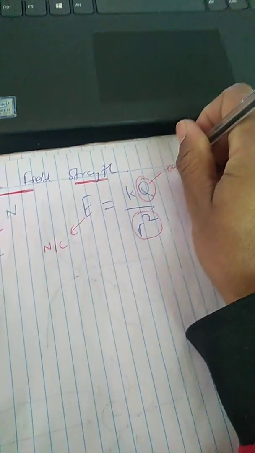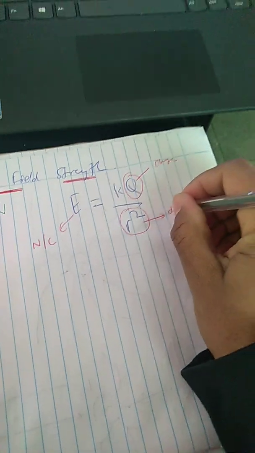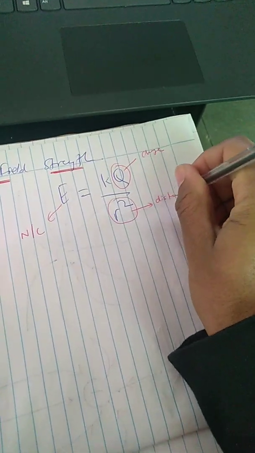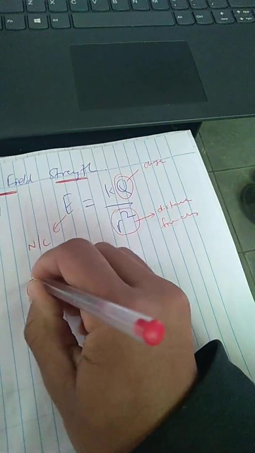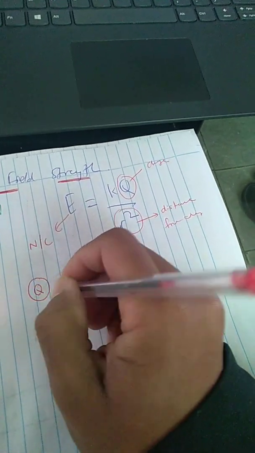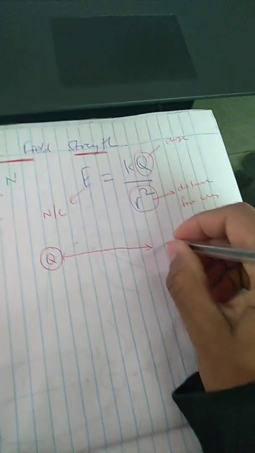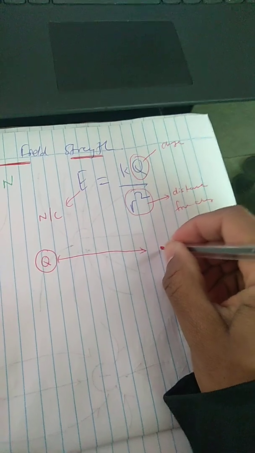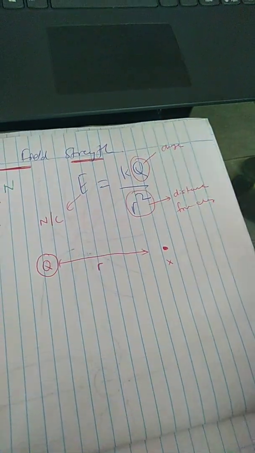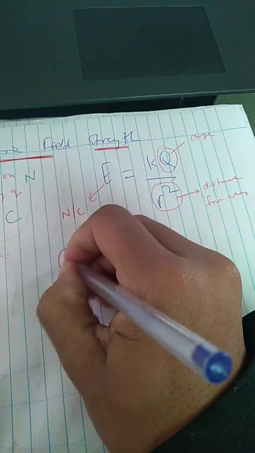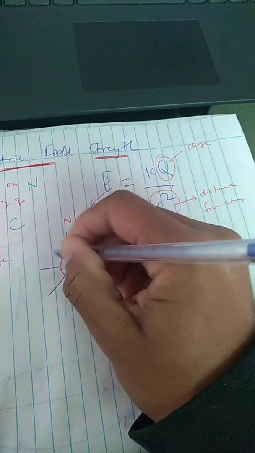Q is the actual charge, and r is the distance from the charge. Let's say this is a point in space and that's r, and let's say Q is positive. This charge creates an electric field.